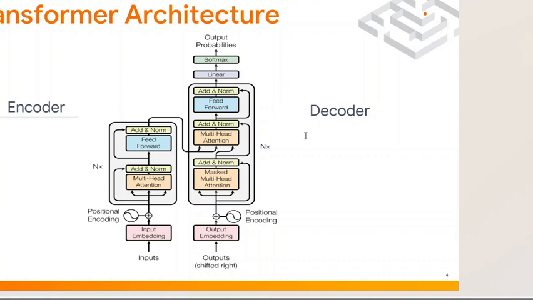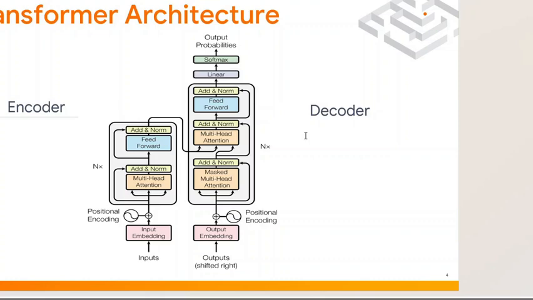So to make sure your context is not changed, we apply the positional encoding. Positional encoding makes sure the input text will have the same context, just like it was in the form of textual representation.